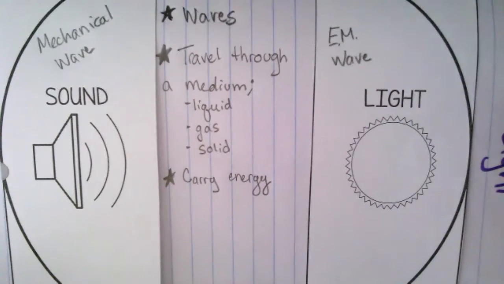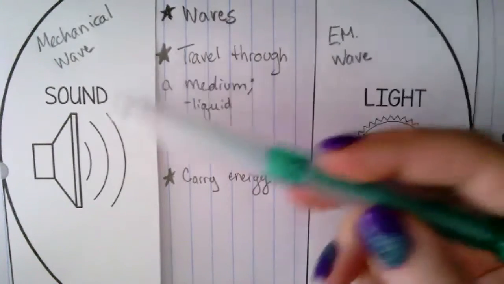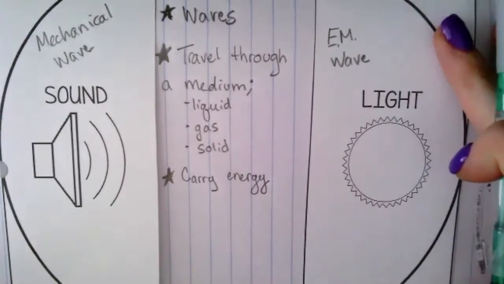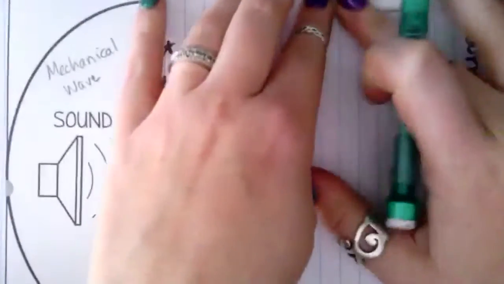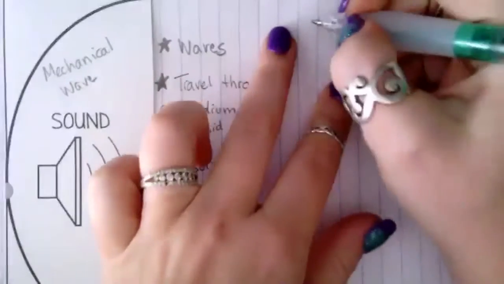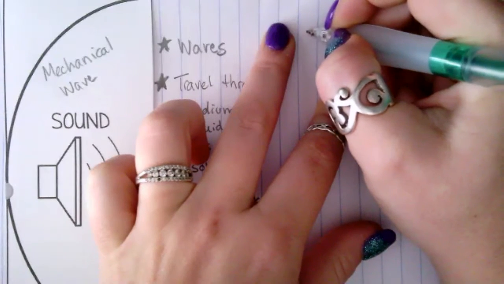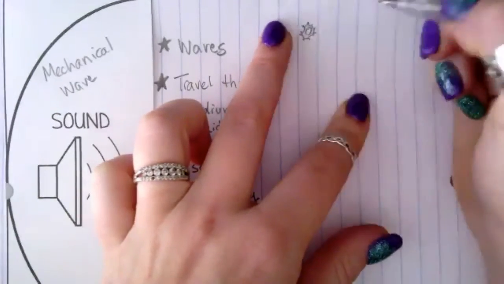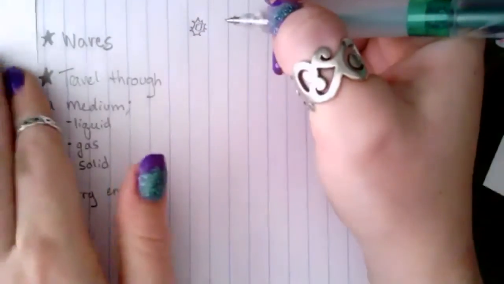Okay. So one of the differences we wrote right on the top of the Venn diagram is that light is an EM wave, sound is a mechanical wave. So if we look at light here, light as an electromagnetic wave has very specific properties, very specific things that it can do. My little sun, I'm going to draw suns for bullet points. What are some things that electromagnetic waves do that mechanical waves cannot do?